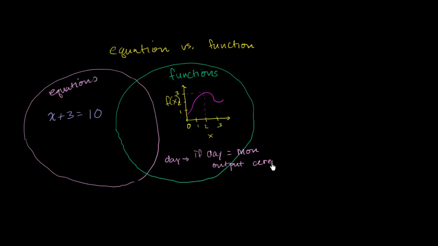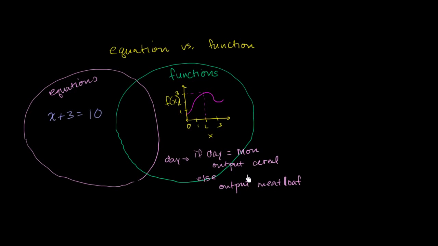So that's what we're going to eat that day, and otherwise you output meatloaf. So this would also be a function and we only have one output for any one day of the week. We're only saying we can tell you cereal or meatloaf. There's no days where you are eating both cereal and meatloaf, which sounds kind of repulsive.